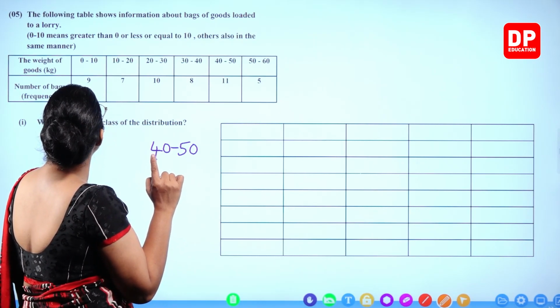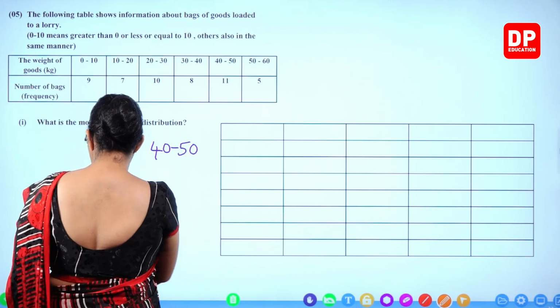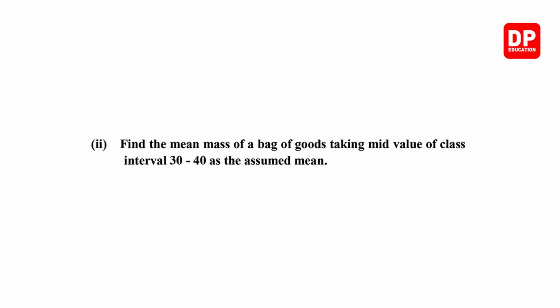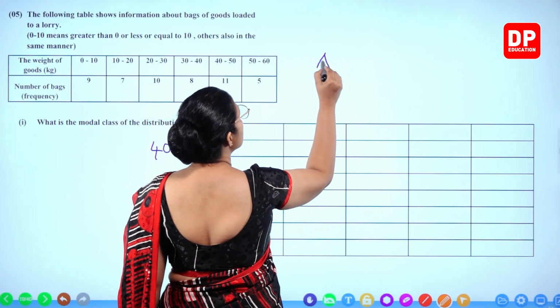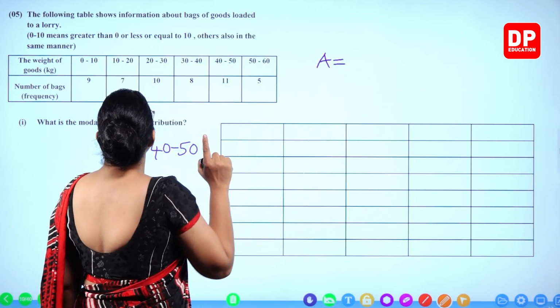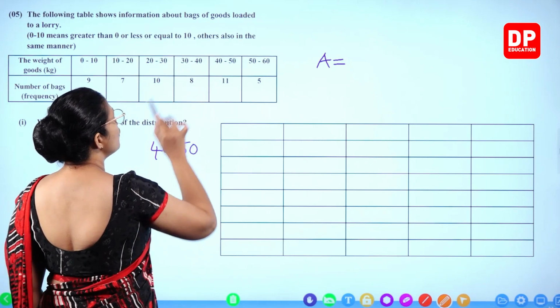Then we need to calculate the mean value. So here, find the mean mass of a bag of goods taking the mid value of class interval 30 to 40 as the assumed mean. So let's do it here. They are asking to take the mid value of this interval, 30 to 40.